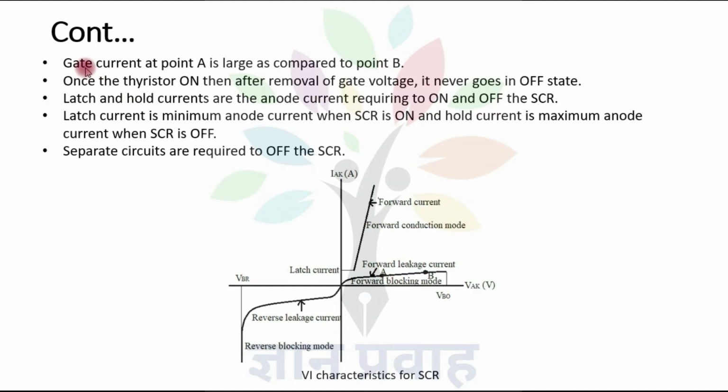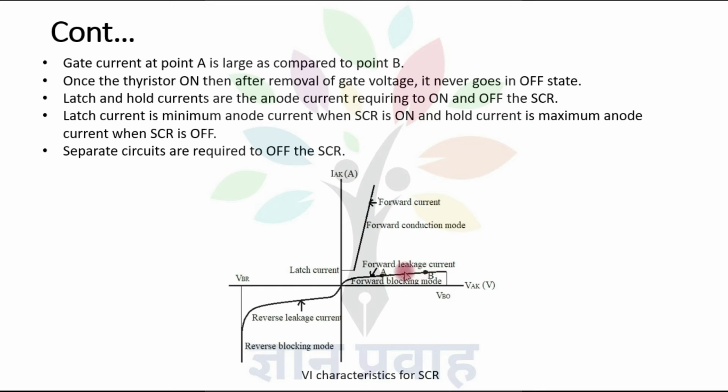So here the gate current at point A, here we are selecting 2 points, point A and point B. So at point A, the gate voltage is large, or we can say gate current is large as compared to point B. Here at point B, gate current is small, or we can say gate voltage is small.